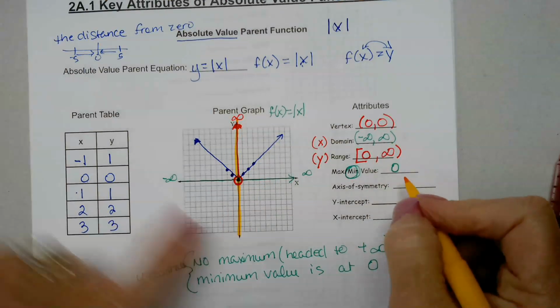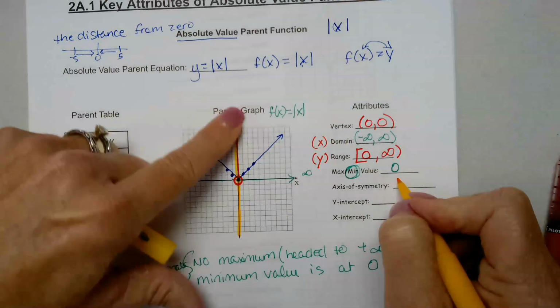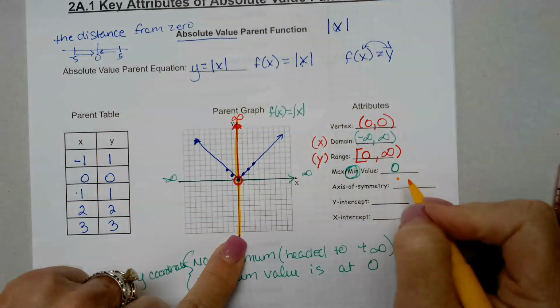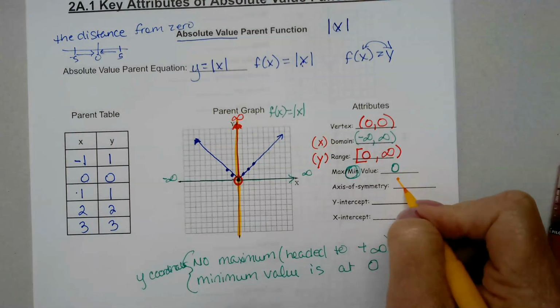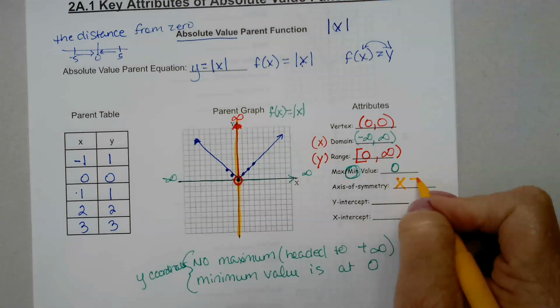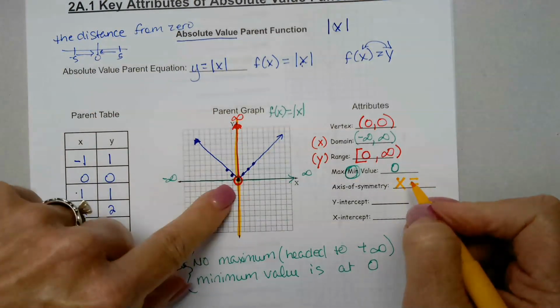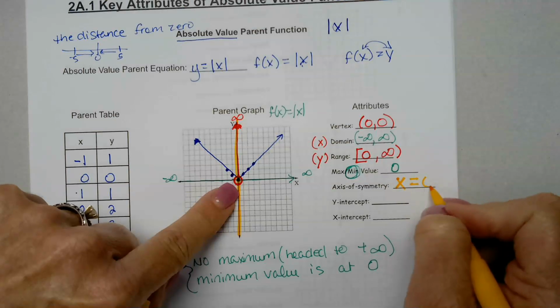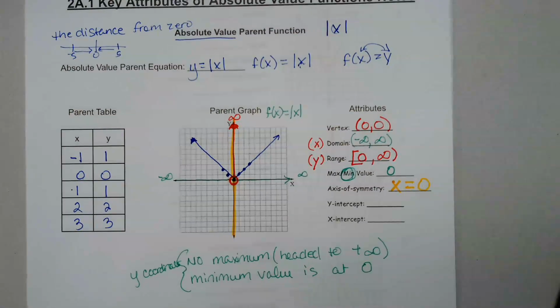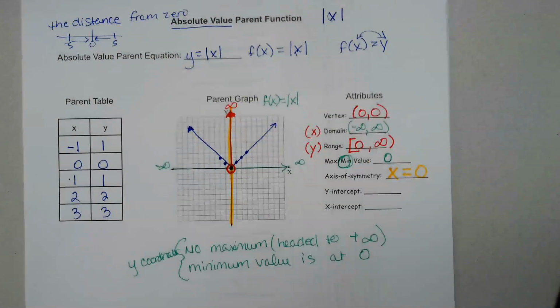So our axis of symmetry is a vertical line. And remember, vertical lines are always written as x equals, no y in it. And since we cross the x-axis at 0, we write x equals 0. So think of it as the equation of a vertical line.